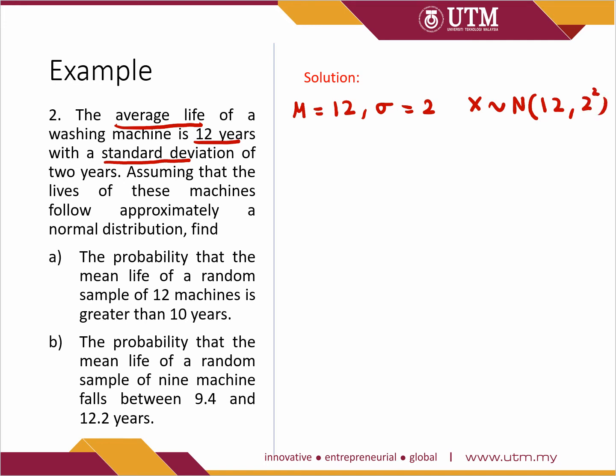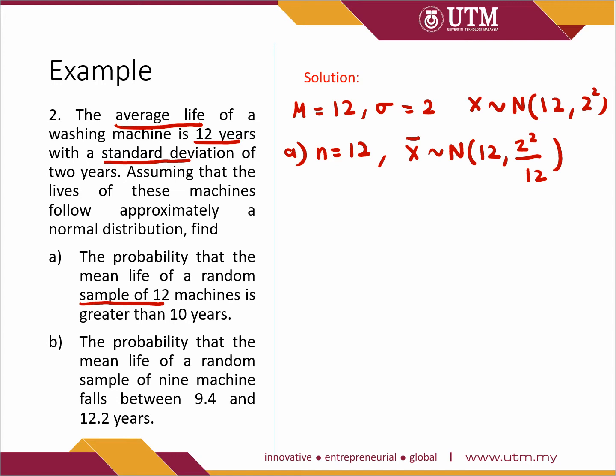So we want to find the probability that a mean life of a random sample. So we choose a sample of 12 machines, given our n is equal to 12. So since this is a sample, the sampling distribution for the mean would follow normal, given that the mean is the population mean and the variance would be the variance of the population over n.